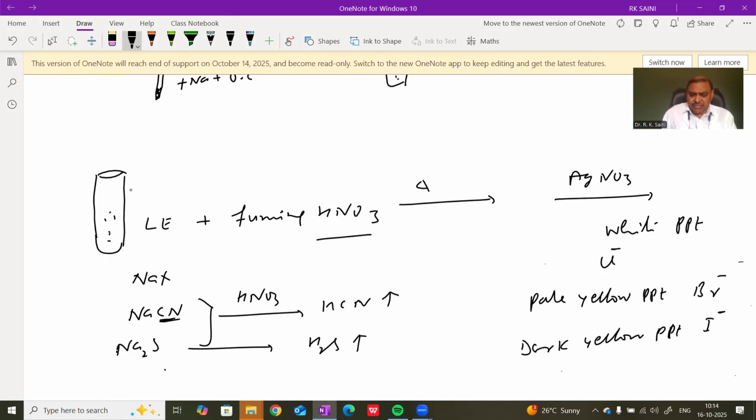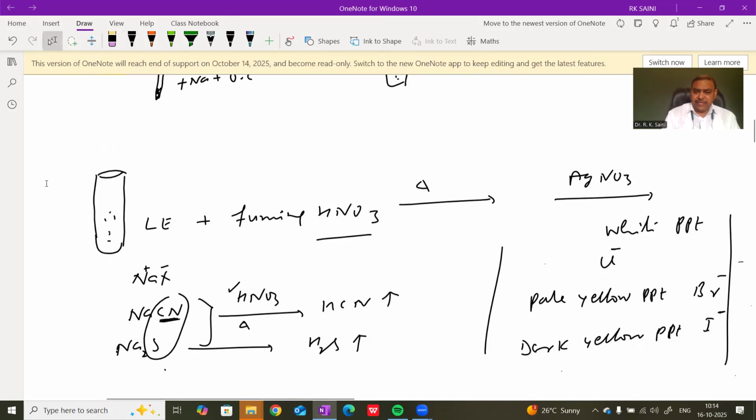These are volatile gases. Therefore, these radicals interfere with the test of halides. Hence, to remove the cyanide, sulfide, etc., we use fuming HNO3 and then heat, so they change into volatile compounds. And this is the test of halogen, known as Lassaigne's test of halogen.